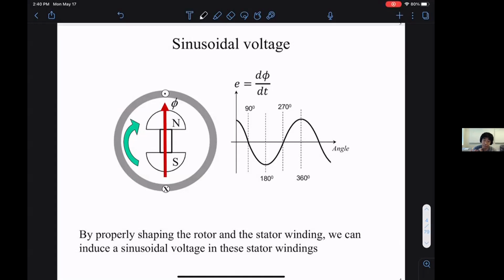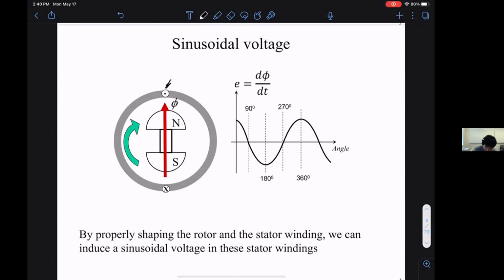So the magnetic field rotates at 60 hertz. It's a sinusoid. The electric field is the time derivative of the magnetic field, but that's still 60 hertz. It's still a sinusoid. And if you have two wires, right?